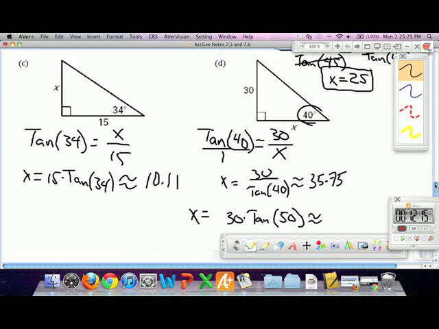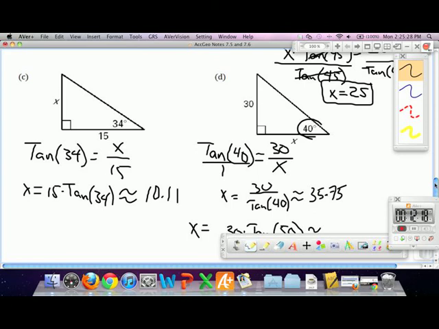What's this angle measure? 50. So if you don't like multiplying by x and dividing by tangent, there's nothing that says you couldn't calculate what this angle is, since you have enough information, and say tangent of 50 is x over 30. Then you just multiply both sides by 30 in one step. It gets you, as you just proved to me, the same thing. Kind of nice.